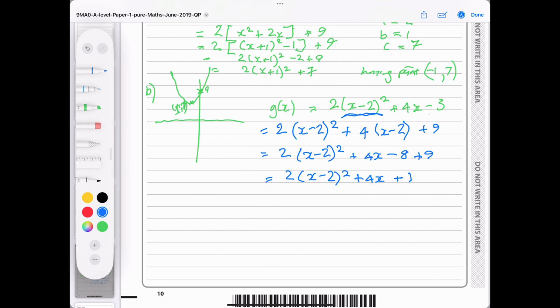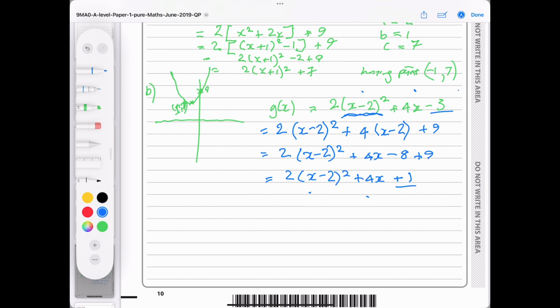Now the problem is that the only difference between this and this, so if we look, this is the same as this, but this is 4 greater than that. So in order to make this work, we have to add 4 to the g(x).